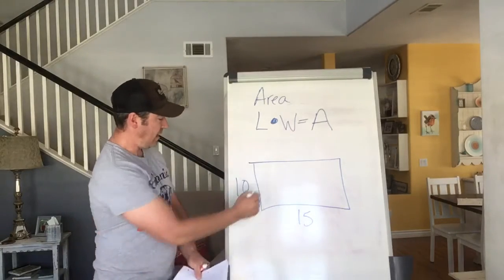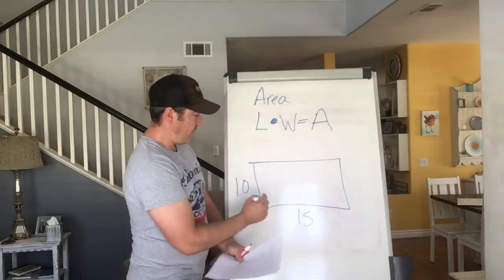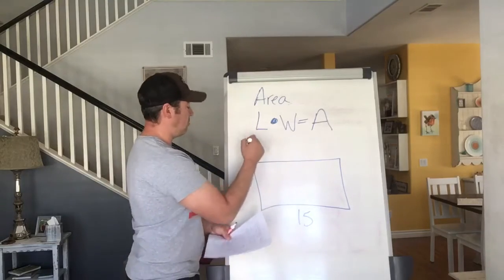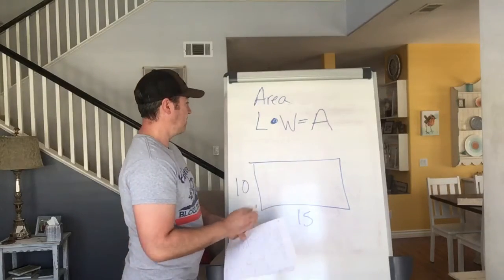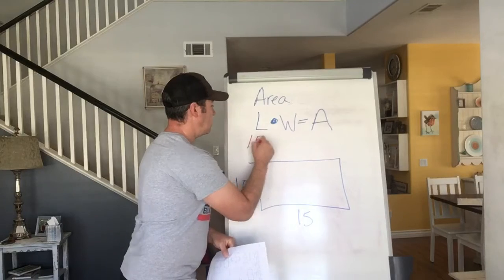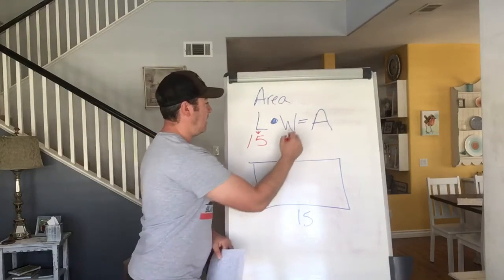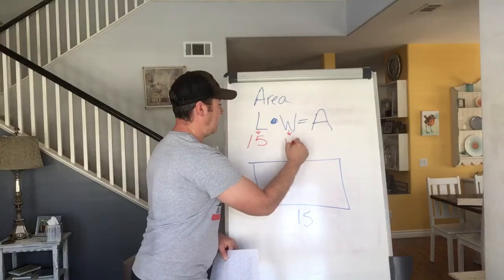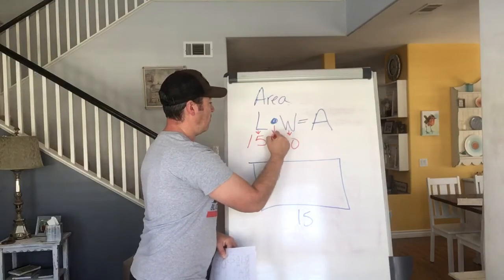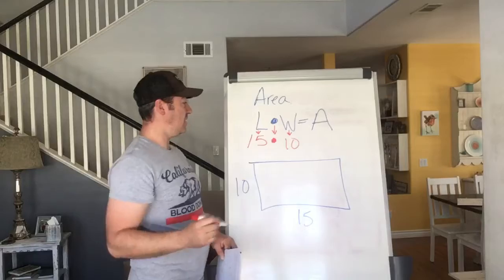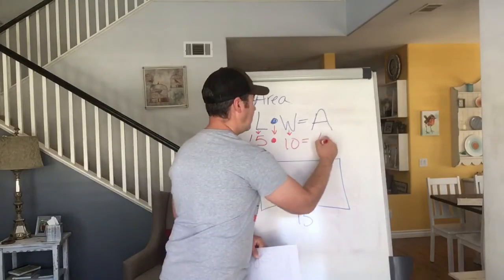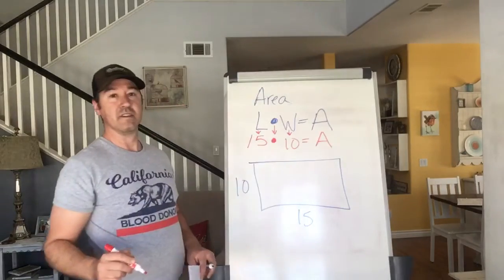We substitute in our numbers like we do with algebra. I'm going to go ahead and say that for my length, I'm going to use 15. So I substituted L with 15. And for my width, I used 10. Keeping my multiplication symbol in there, so I've got 15 times 10 equals area.